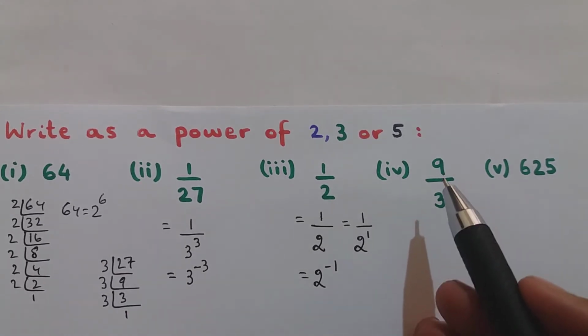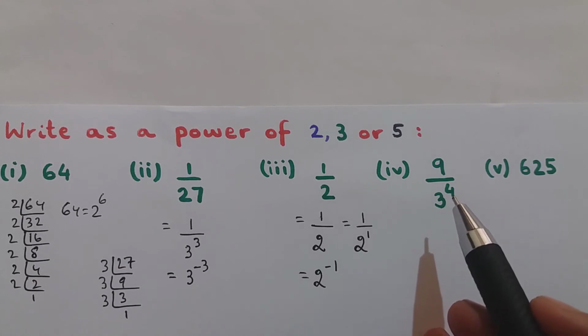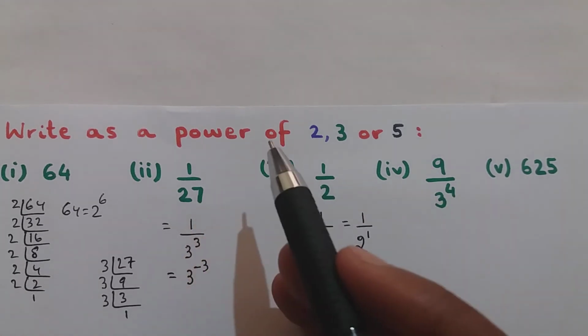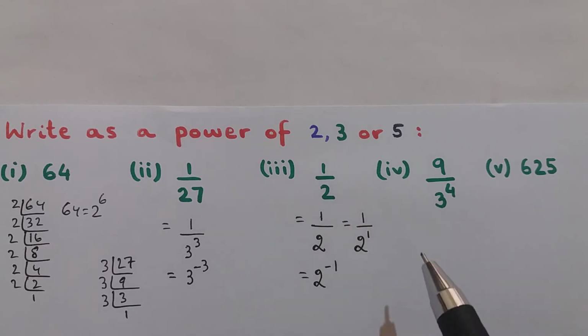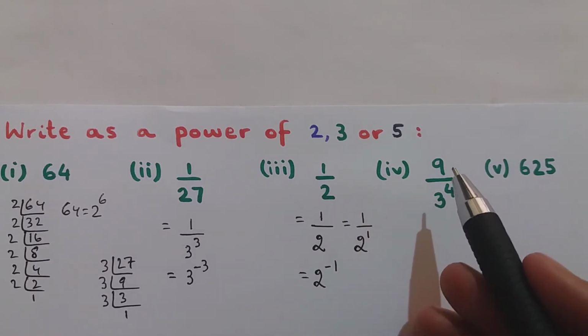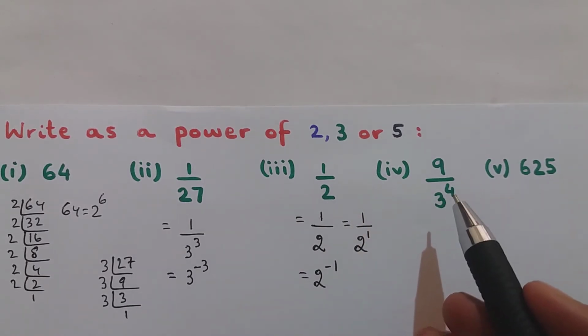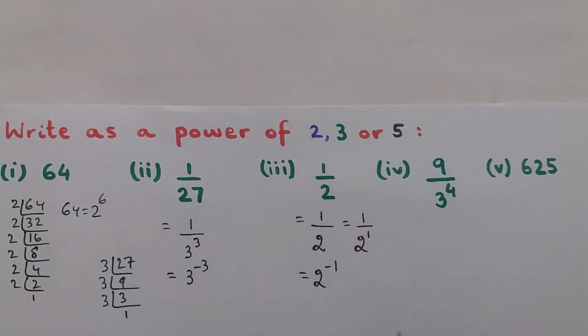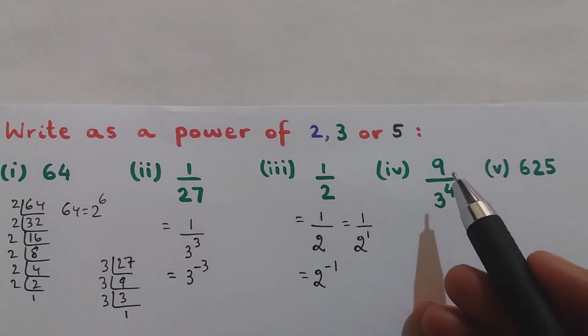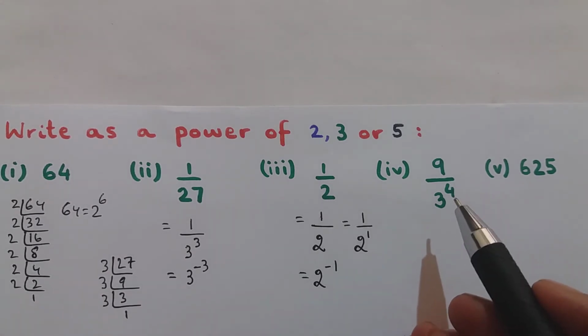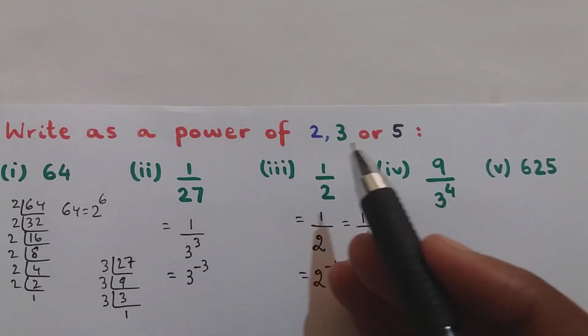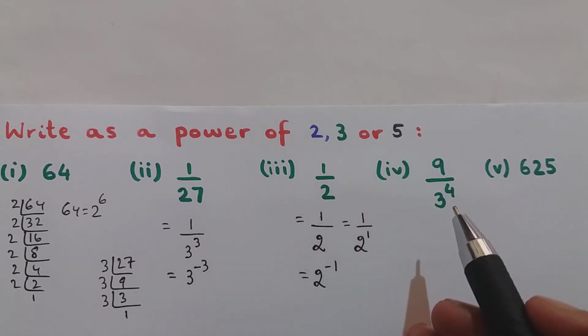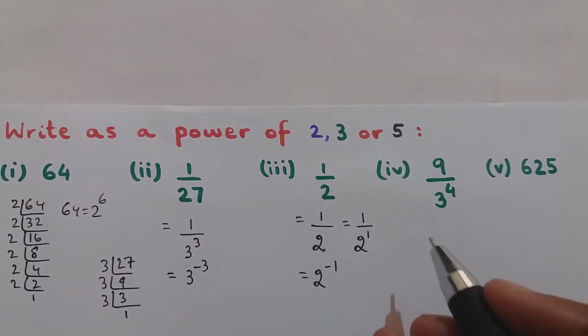Write 9 upon 3 raised to the power 4 as a power of 2, 3 or 5. So I have to write 9 upon 3 raised to the power 4 as a power of 2, 3 or 5. So in order to do that, I have to do the prime factorization.